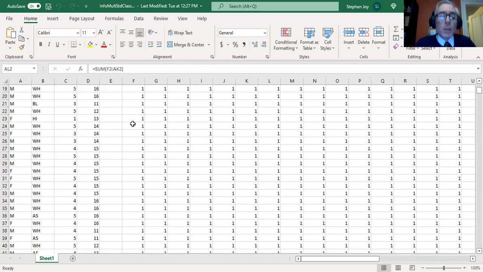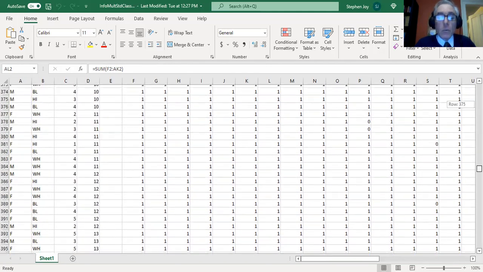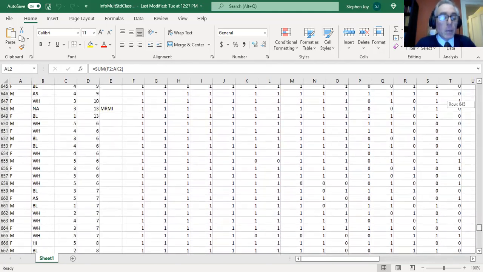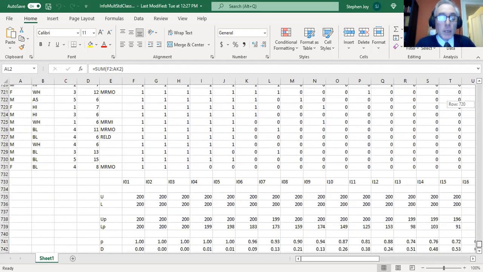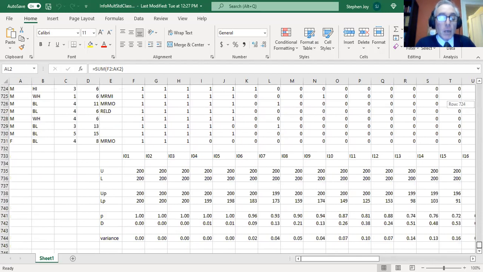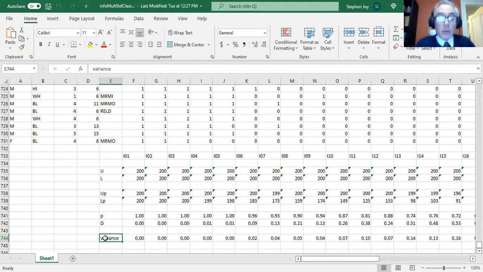Now, as we scroll down quickly to the bottom, again, you see this is something you would not want to have to do by hand, right? You've got a nice big data set here. If you look at row 744, you'll see that I've labeled it variance.